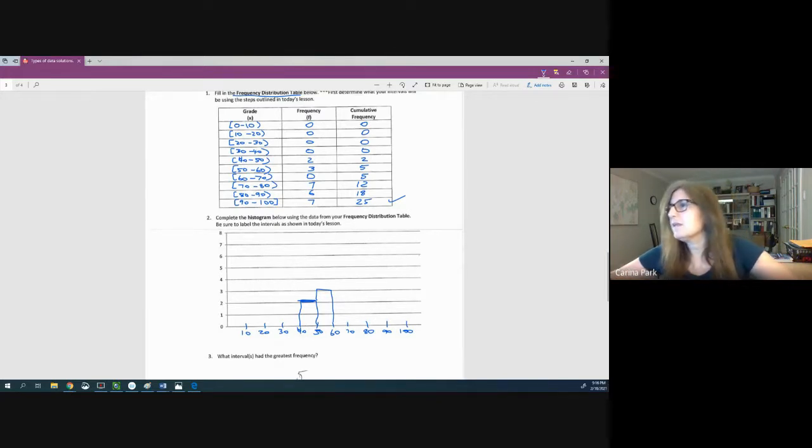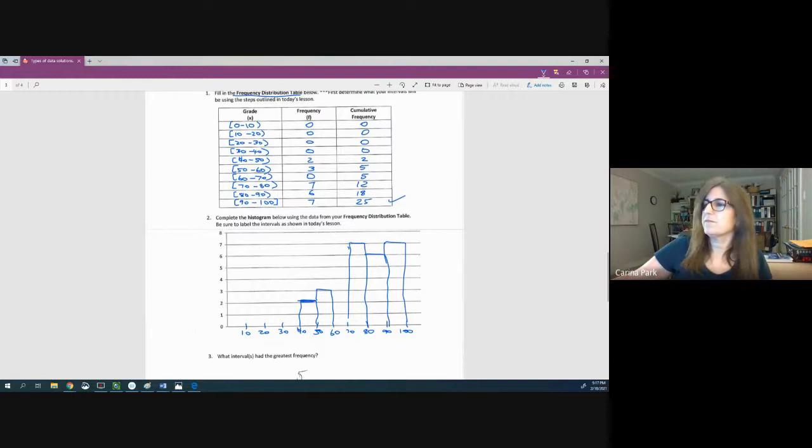From 70 to 80, I have 7, so I'm going to go right up to 7. Okay, and then from 80 to 90, I have 6. And then from 90 to 100, I have 7 again. Okay, and there you have it. So this is a histogram.